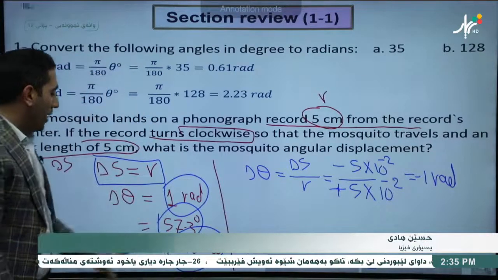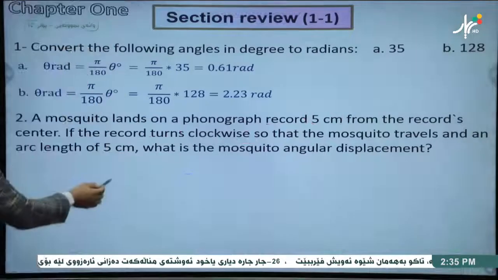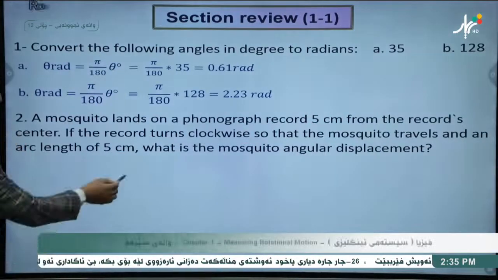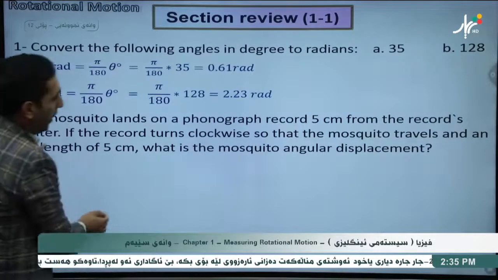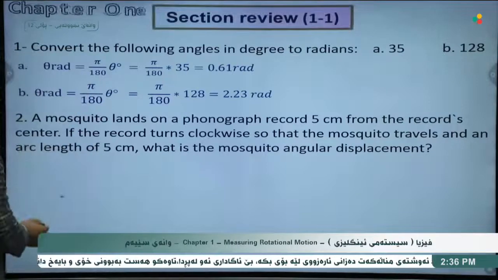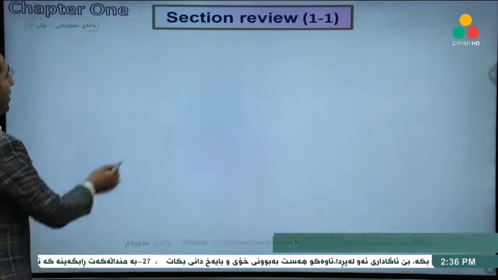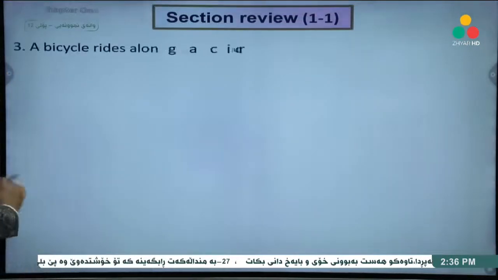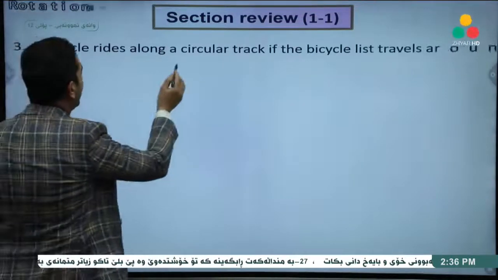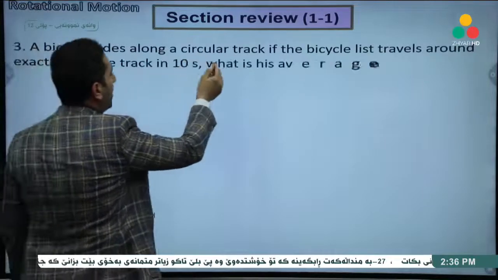0.16 revolution. Question number 2, we solved it, and now we have question number 3. A bicycle rides along a circular track.